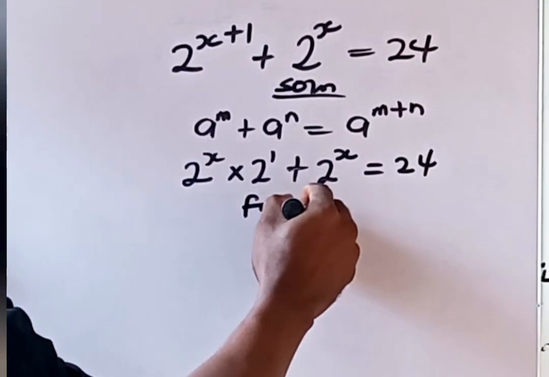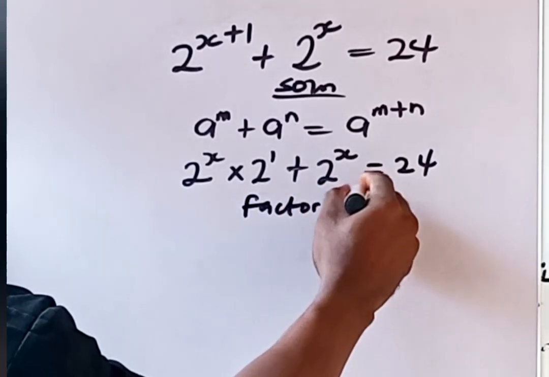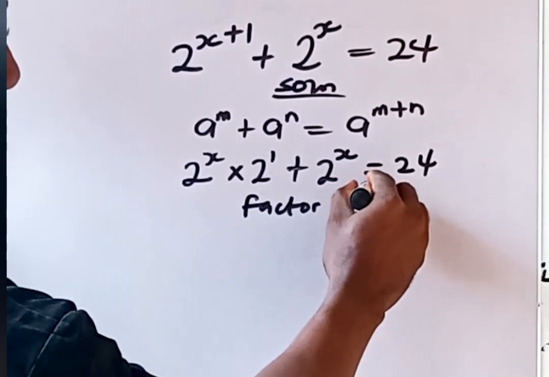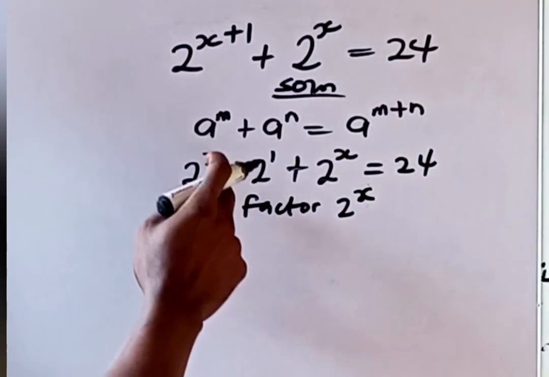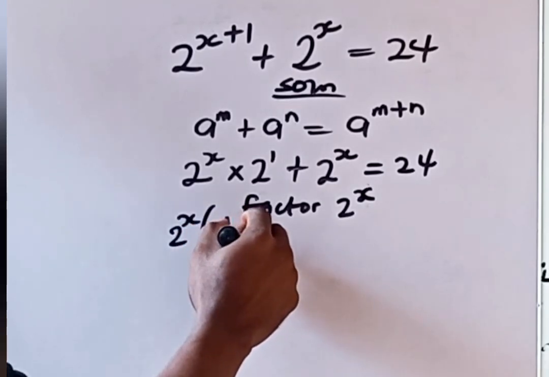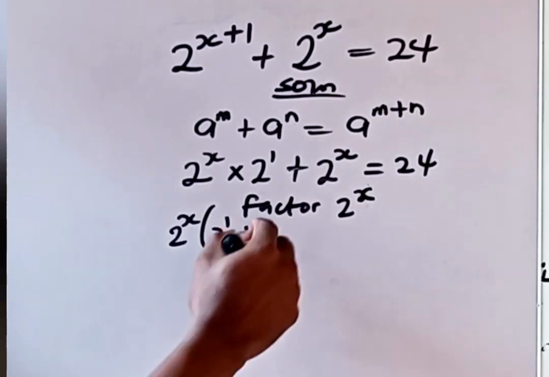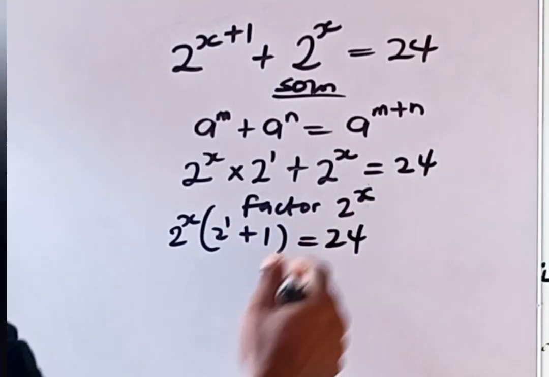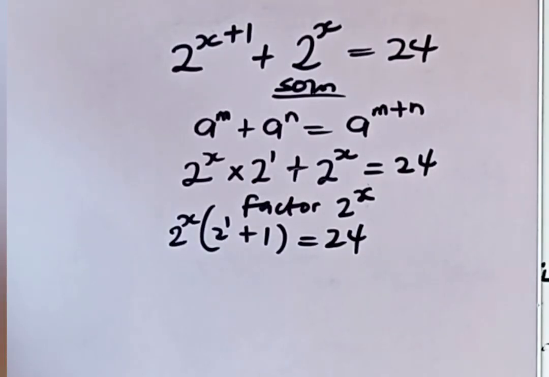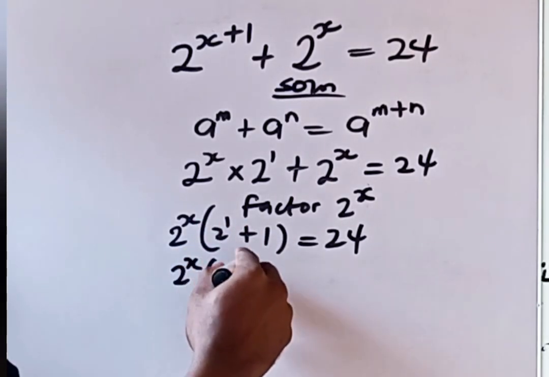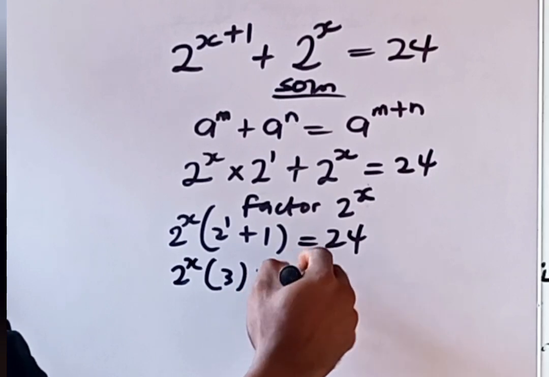So if we factor 2^x, we are bringing this out, which is 2^x times (2^1 + 1), which is equal to 24, right? So now this plus this will give us 2^x times 3, which is equal to 24.